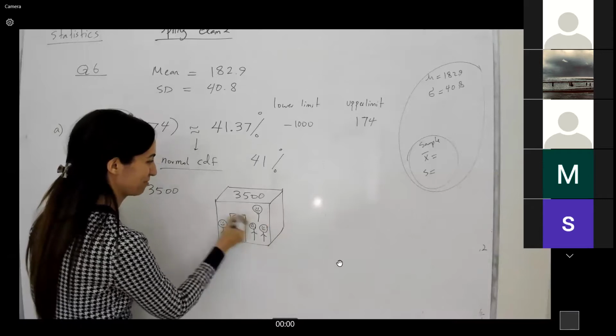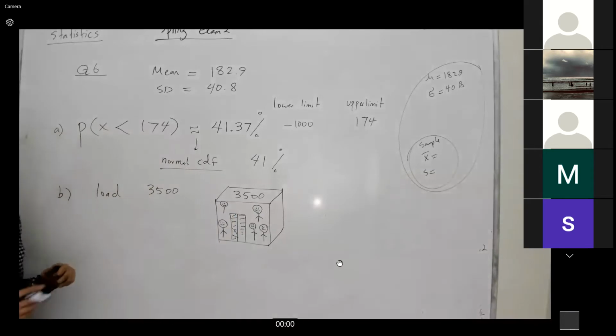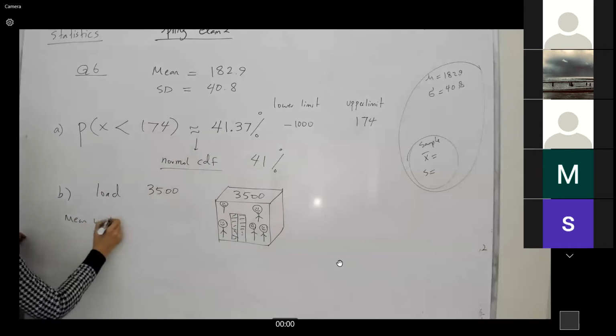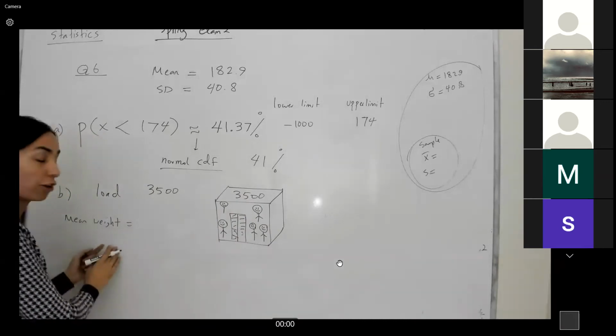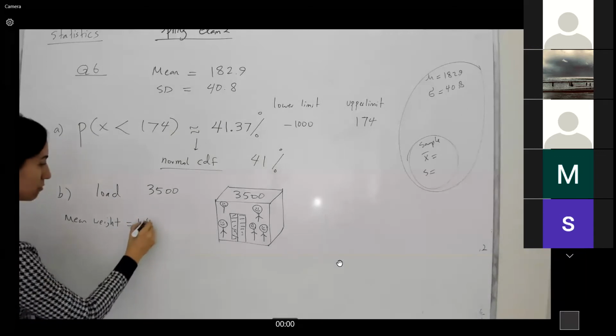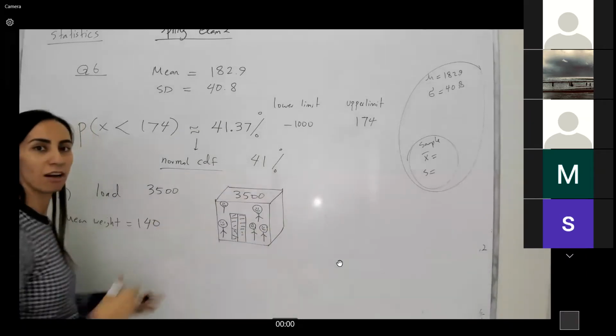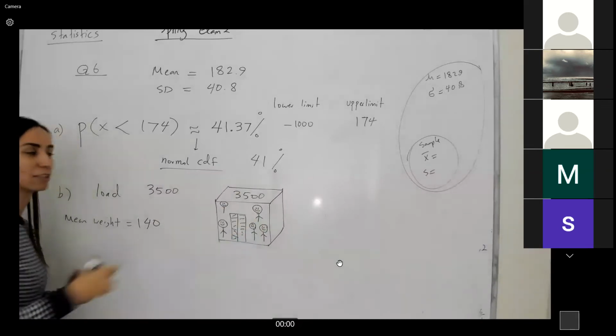So it's going to be 3,500 over 140. Very good. If you know that the mean weight of each person is 140, how many people with weight 140 are you allowed to fit into this?